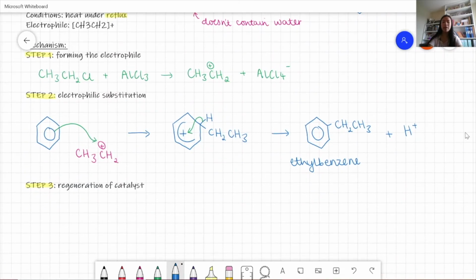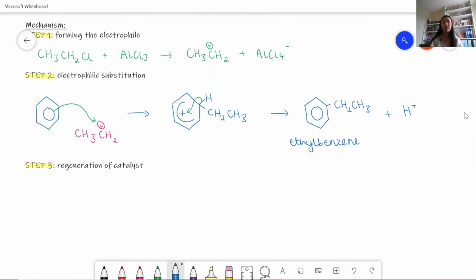So the third and final step is the regeneration of the catalyst. So what we do is we take the AlCl4- that we formed in step 1, and we react this with the H+ formed in step 2. So then we can form our catalyst and also another product. So we get AlCl3 and HCl. So this is our catalyst that's been regenerated.